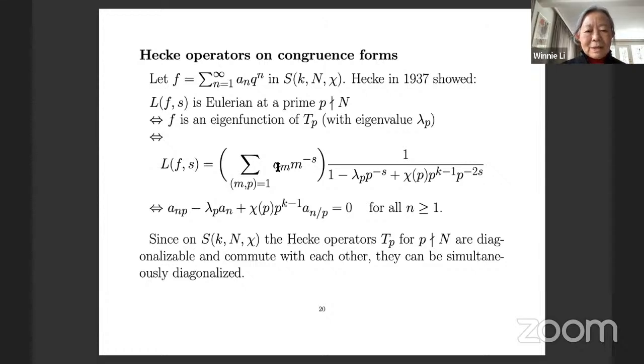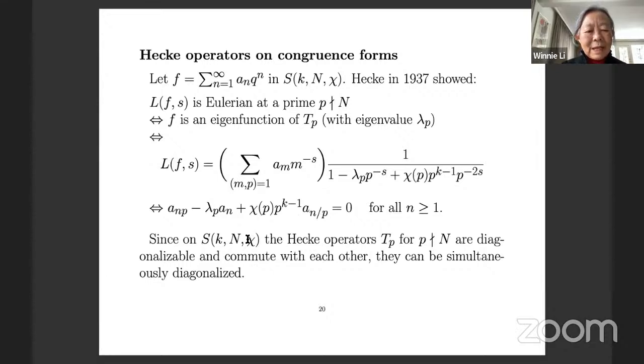Another way to say this is that the Fourier coefficients of f satisfy a three-term recursive relation between a_{np}, a_n, and a_{n/p}. The coefficients in front come from the denominator here: minus lambda p for a_n and chi(p) p to the k minus 1 for a_{n/p}.